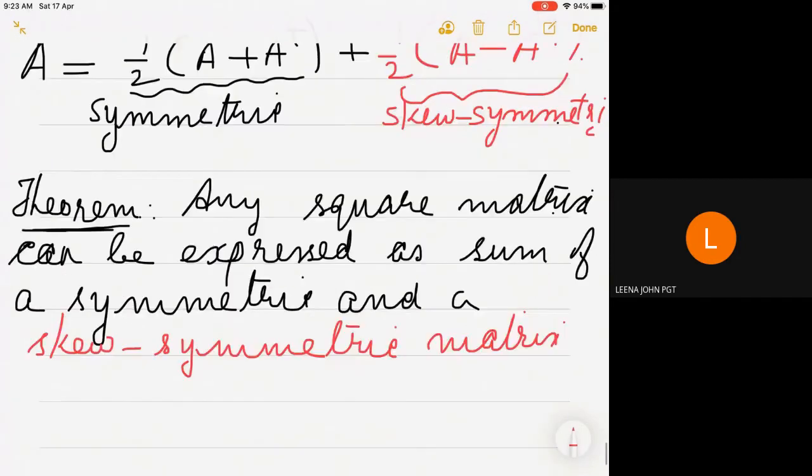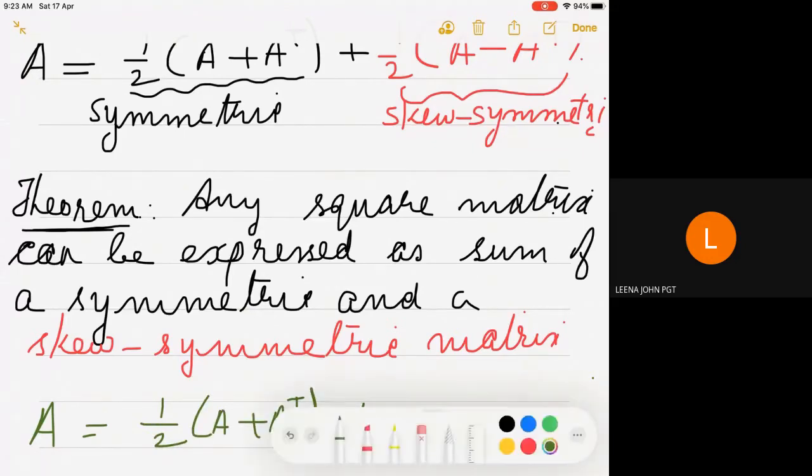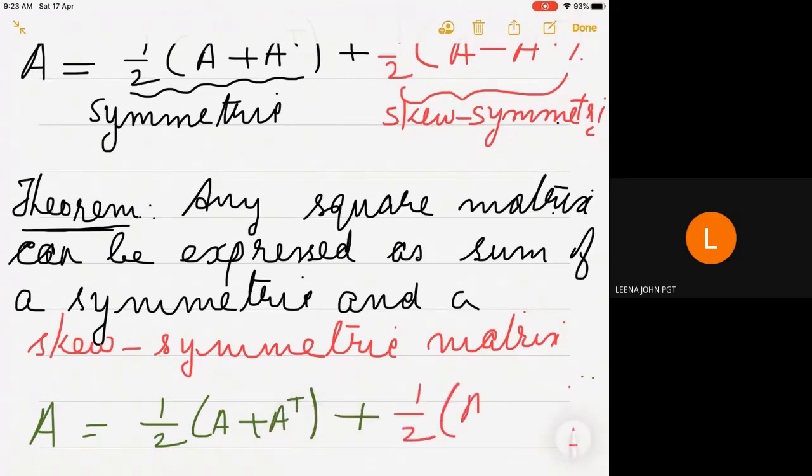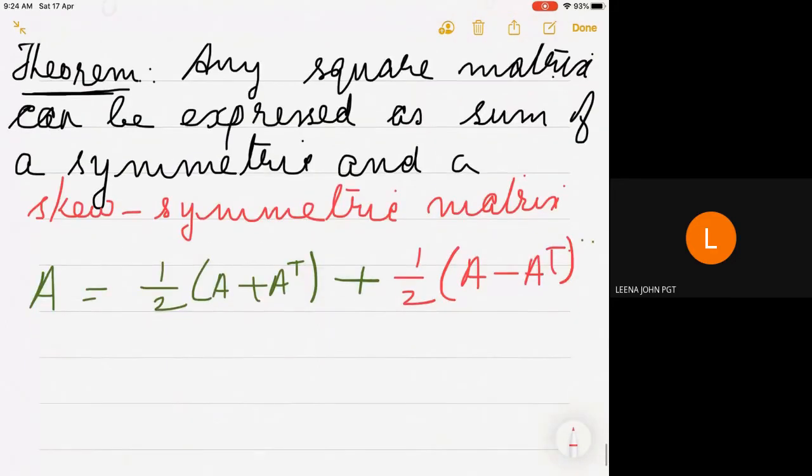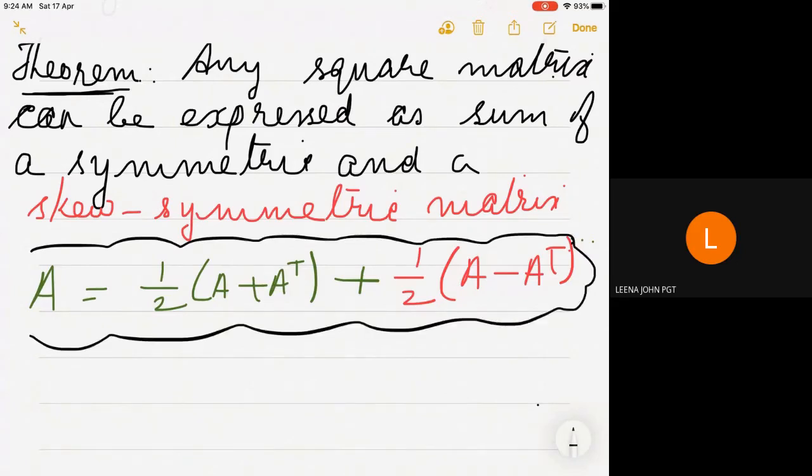So what is that? A equals 1 by 2 of A plus A transpose plus 1 by 2 of A minus A transpose. It's a very important one.